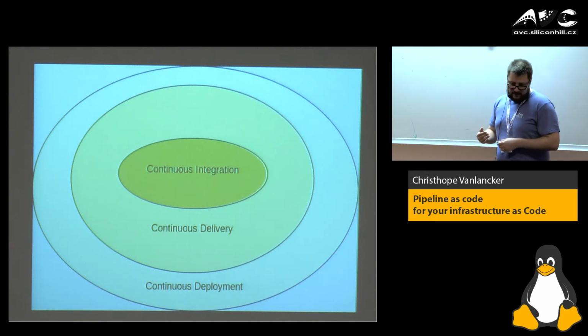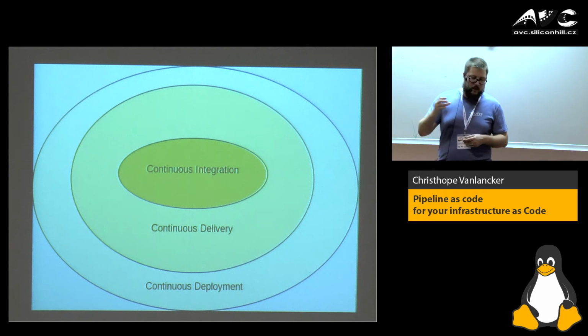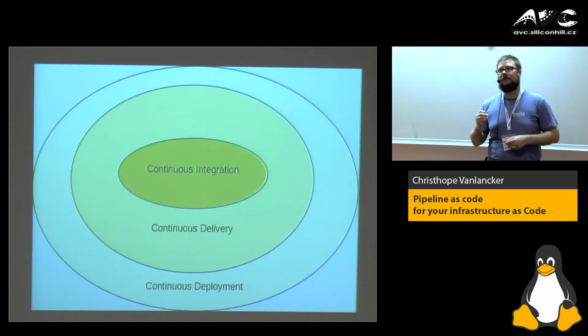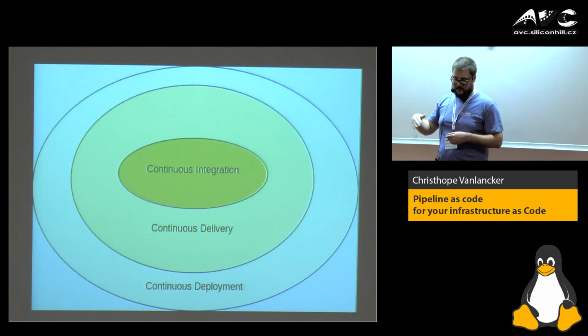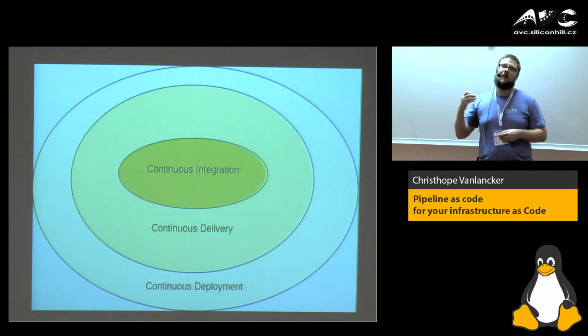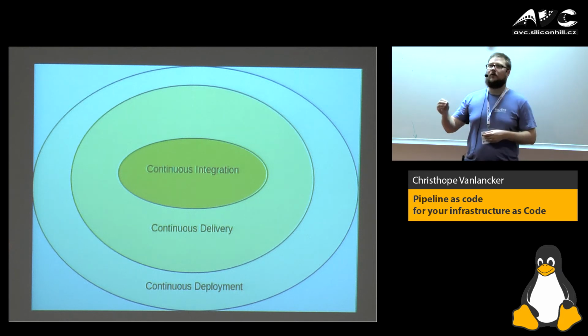Then the next step after continuous delivery is continuous deployment. It basically means the same thing, but with continuous delivery, once you have tested everything in development, you go to acceptance and production. Those are usually manual steps. Continuous deployment takes it to another level.